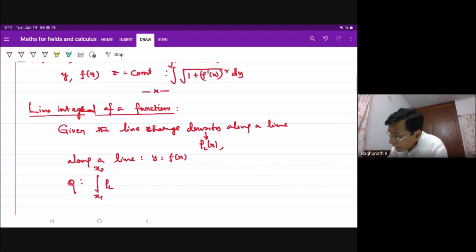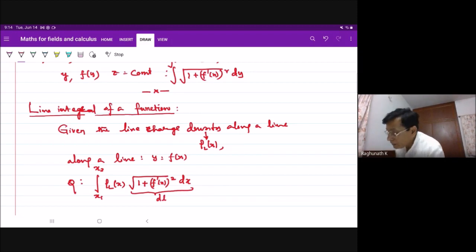Integral of rho L of x, function of x, dl. dl is what? Root of 1 plus f dash of x squared dx. Please appreciate that this is dl per unit length on that line at any x.